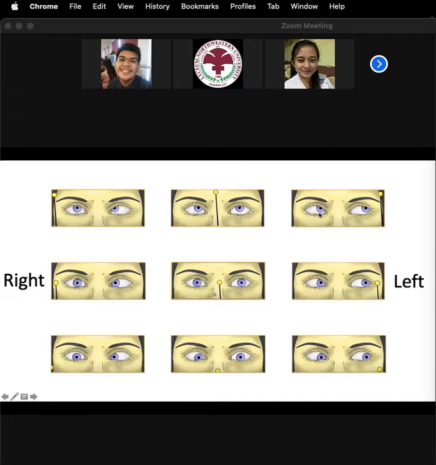Upper left, parang okay lang. Downward naman, down right, same lang, abnormal. Hindi siya going all the way to the right and down. Dito, it's normal.